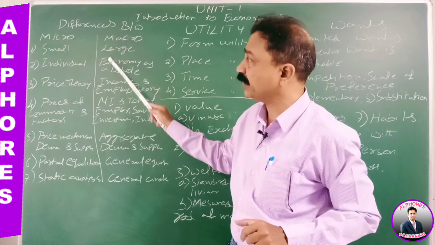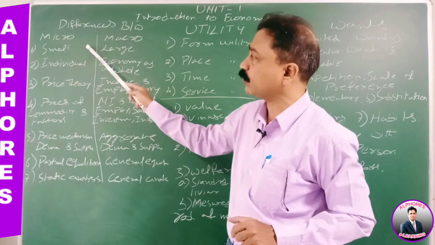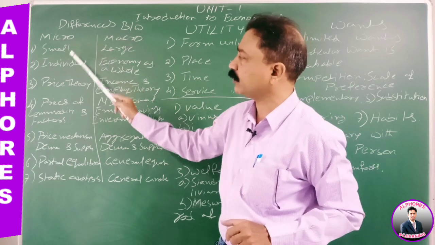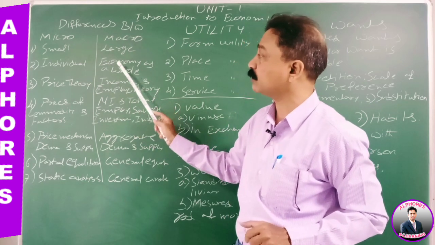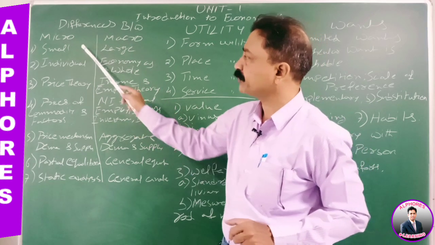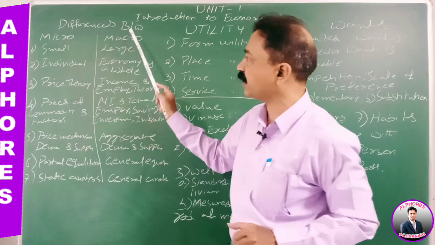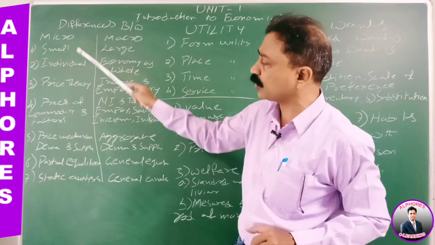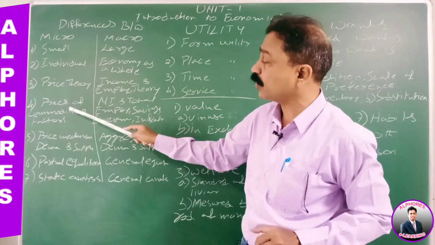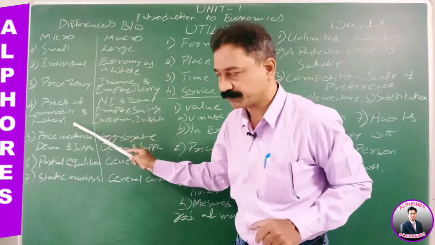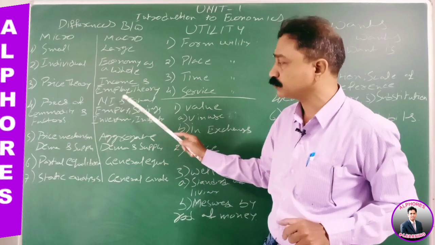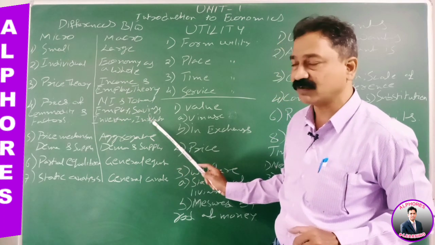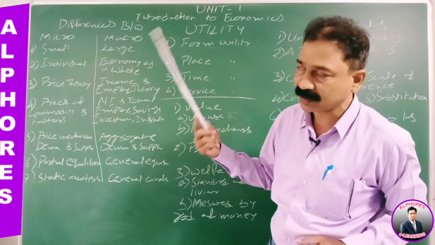Okay, so we need to understand the differences between micro and macroeconomics. Micro is a discussion of small, macro is large. Micro discusses individuals, and macroeconomics the whole economy as a whole. Microeconomics is also called price theory. Macroeconomics is income and employment theory. Microeconomics discusses the prices of commodities as well as factors. And macroeconomics, national income, total employment, total savings, total investment, and price levels, that is inflation, increasing or decreasing.